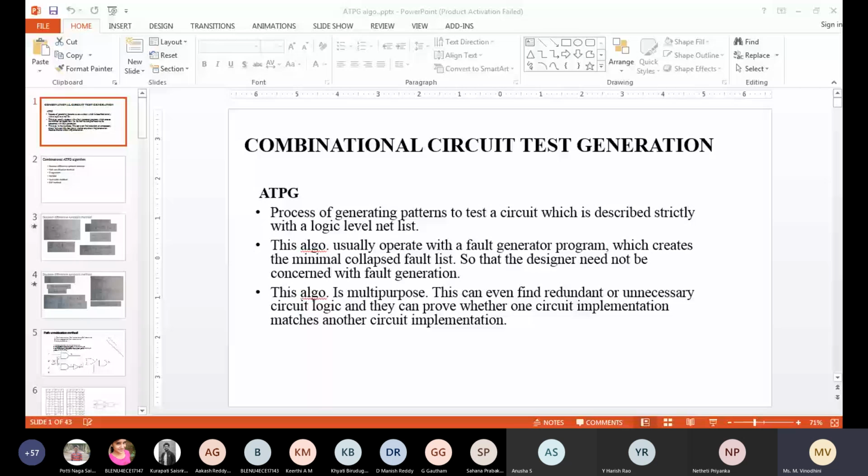The way these two simulators work, they tell you what faults this particular test vector will detect. The other fault simulators work this way: you will be given a circuit, a test vector, and also one or two faults in that circuit.